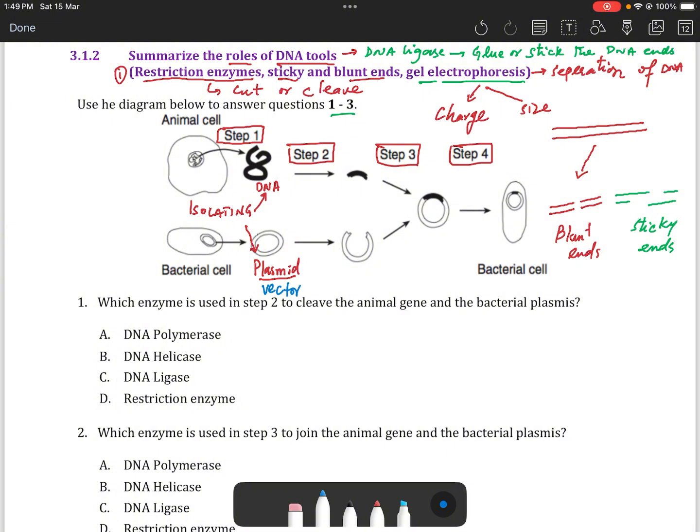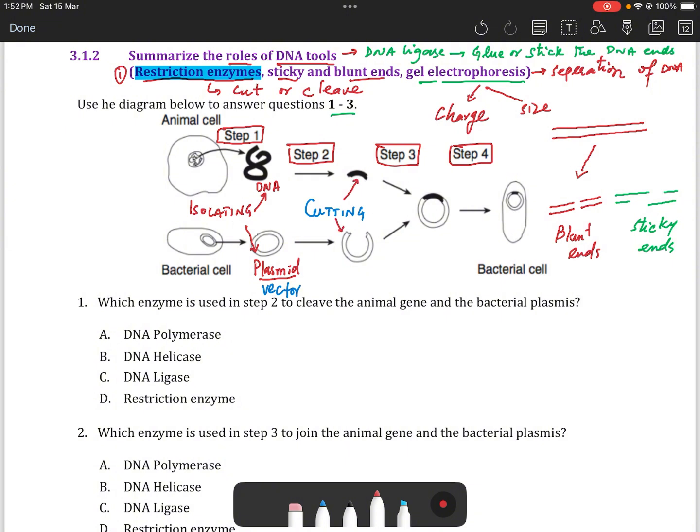In step 2, which is what you see now, you cut them. So cutting is happening in step number 2. This cutting is done by, of course, none other than the restriction enzyme. So we cut it with the help of restriction enzymes. You are going to cut the DNA as well as the plasmid.